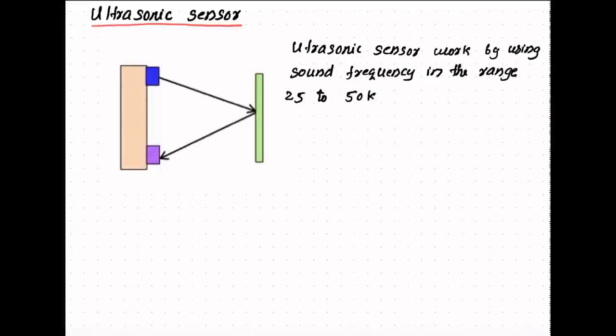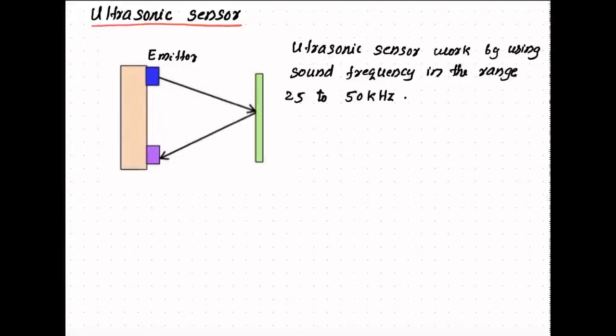And the second advantage of ultrasonic sensor is its range or the sensing distance is much higher than that of the other two types of proximity sensor. That means capacity sensor and inductive sensor.